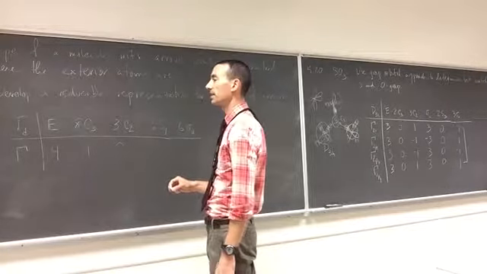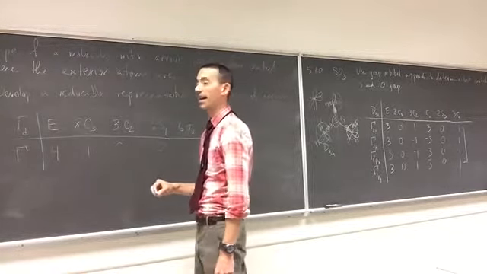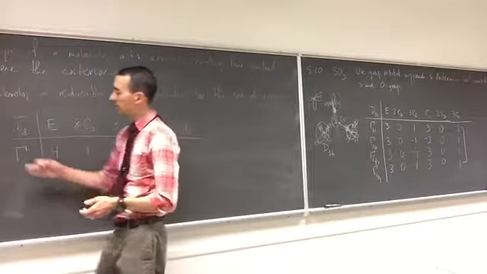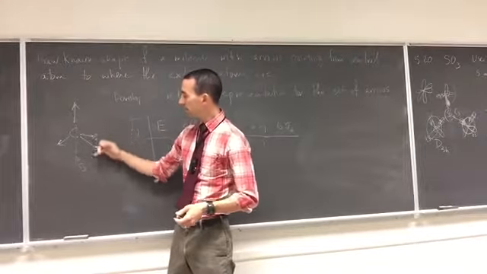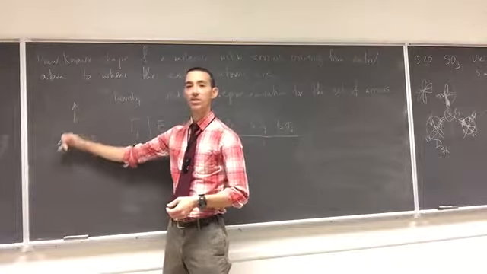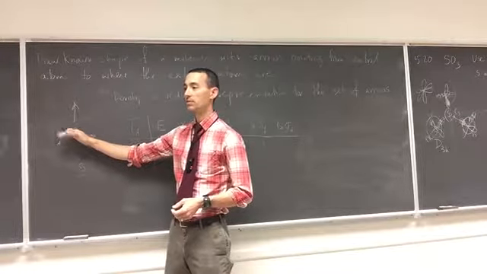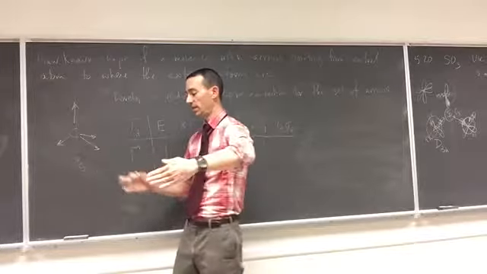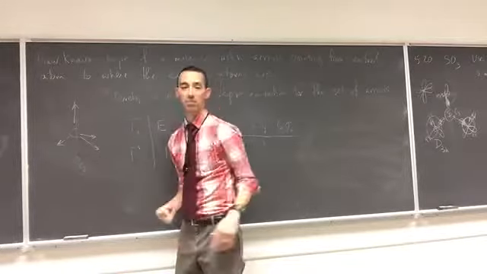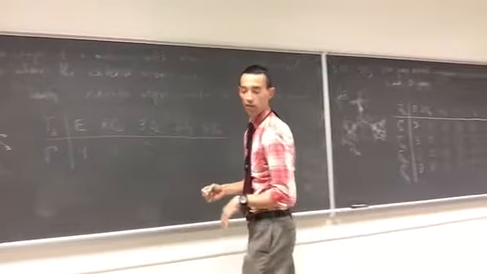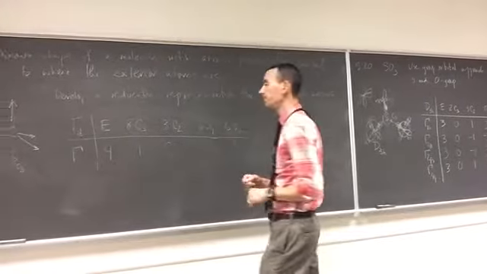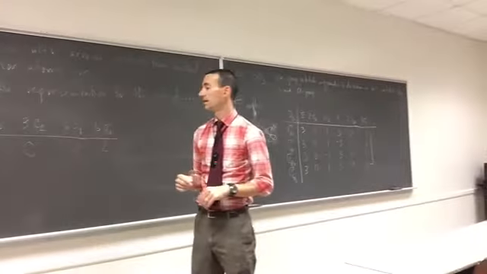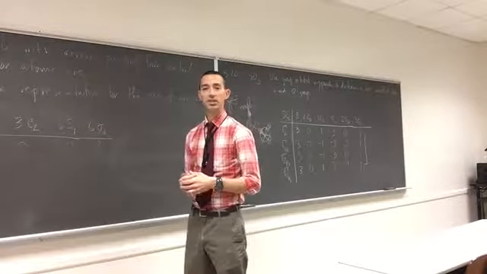And then the sigma d, the dihedrals, are going to have 2, because they're going to split one of these bonds, but they're going to have the other 2 arrows in them. So like the plane of the board is one of these mirror planes, and only these 2 arrows that are in that plane are part of it. So 4, 1, 0, 0, 2 would be the reducible representation.